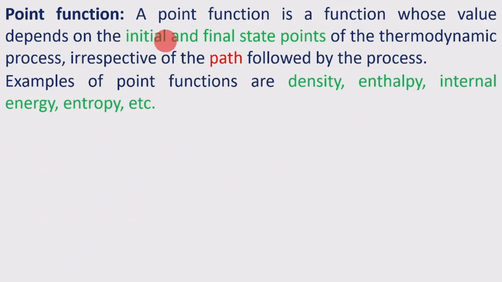Further moving, point function. A point function is a function whose value depends on the initial and final state points. Those functions are called point functions of the thermodynamic process, irrespective of the path followed by the process. That is, it does not depend on the path followed by the process.